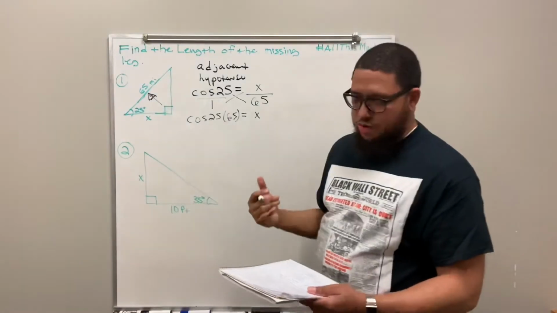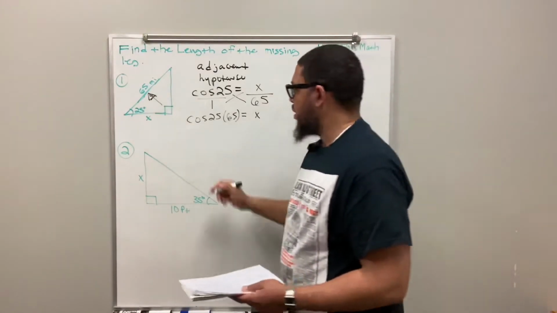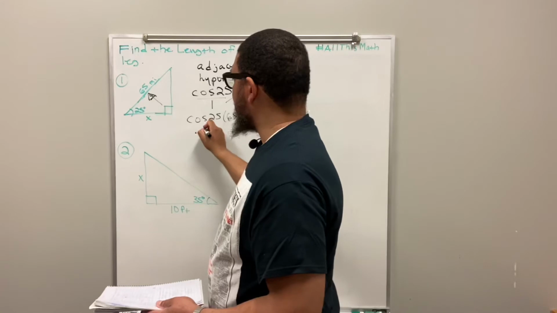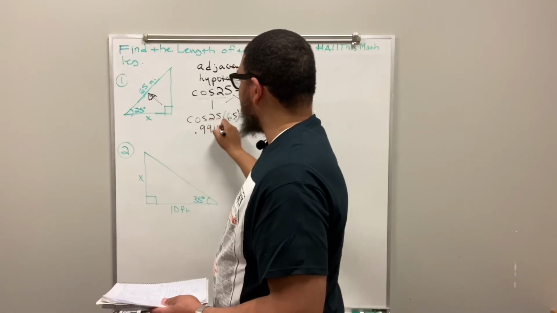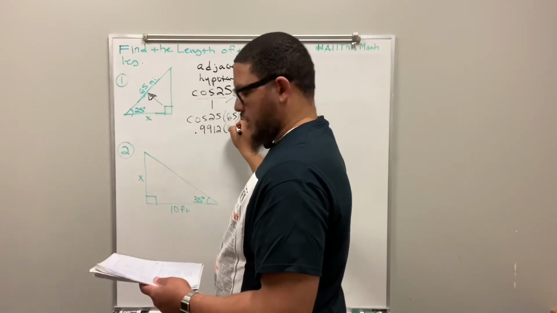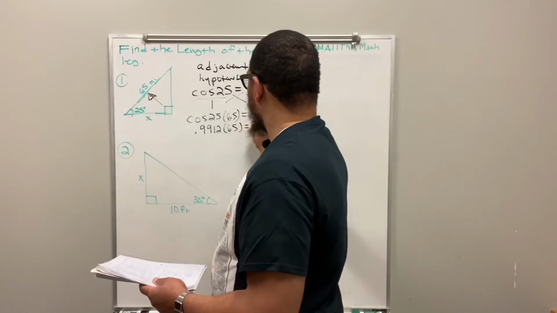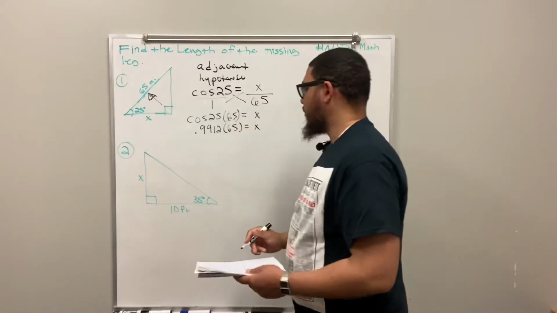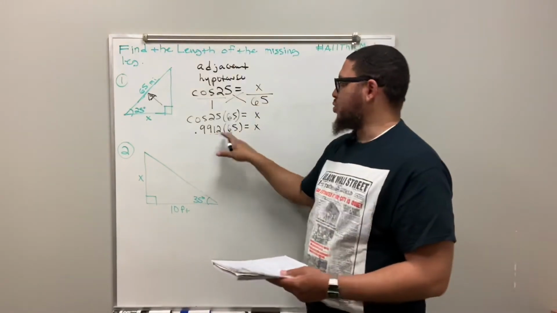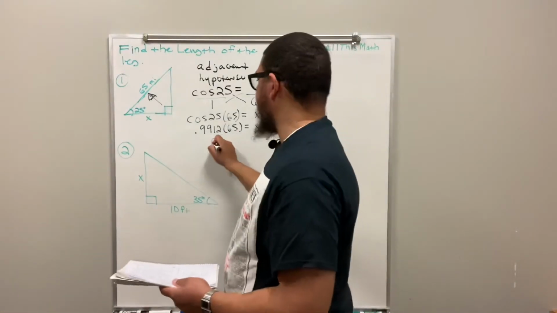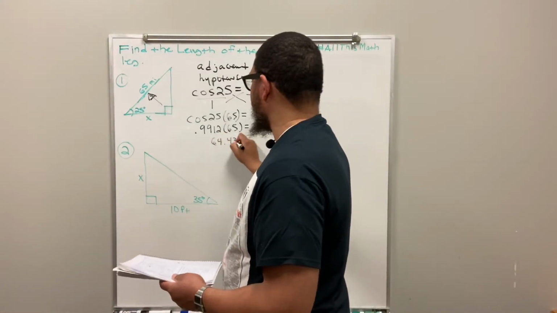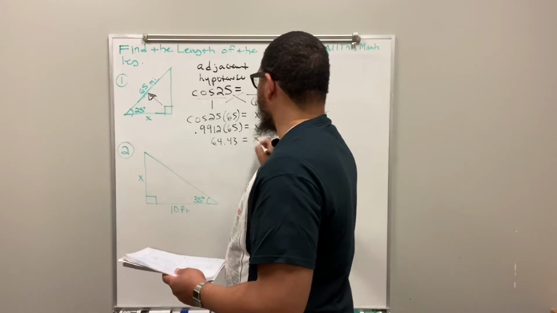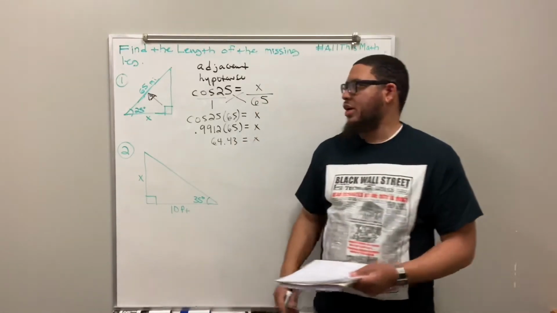So cosine of 25 is, and I rounded to the fourth decimal place, 0.9912, and then times 65 equals x, right? And then I multiply these two numbers together, and I get something like 64.43, and that equals x. And that's our final answer.